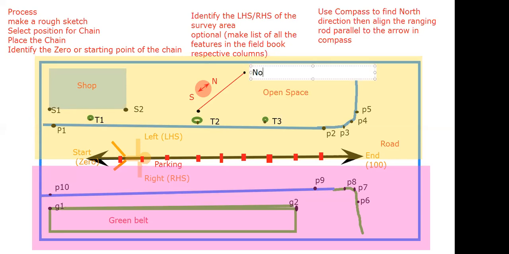This is north, and this is south. Now what to do: in your field book, north is on the left hand side. This is left hand side and it is north over here.